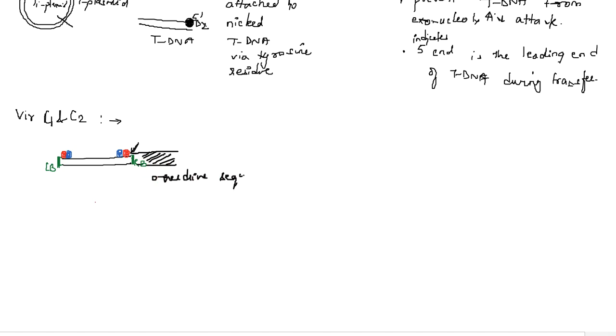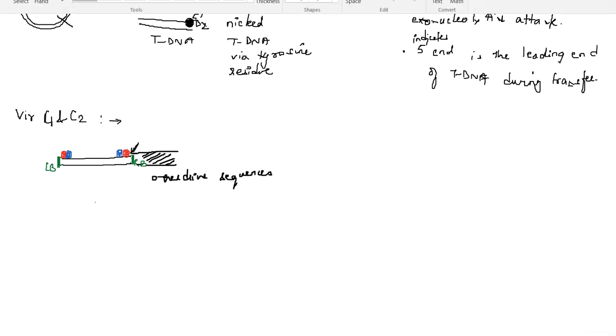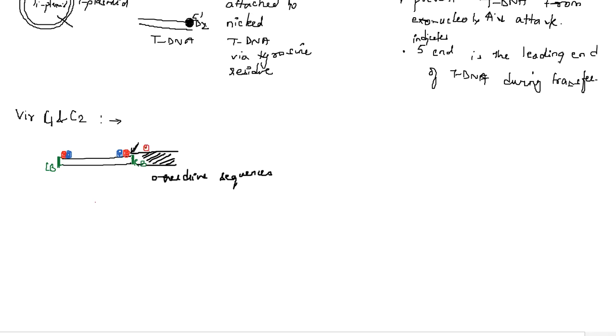And to these overdrive sequences, VirC1 and C2 are going to bind. To this overdrive sequence, which Vir genes bind? It is VirC1 and C2. So VirC1 and C2 bind near the right border.